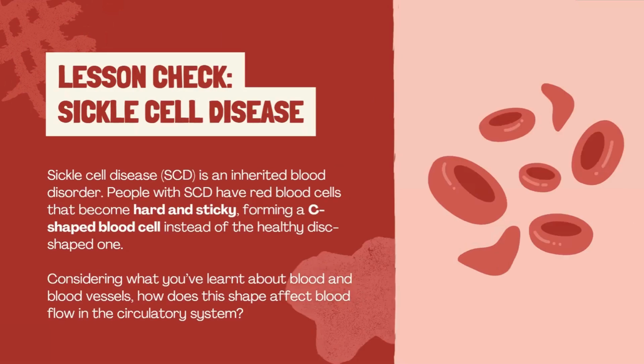Like sickle cell disease, SCD, an inherited blood disorder. People with SCD have red blood cells that become hard and sticky, forming a C-shaped blood cell instead of a healthy disc-shaped one.